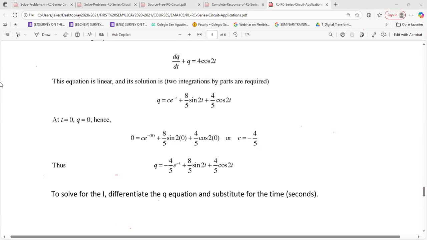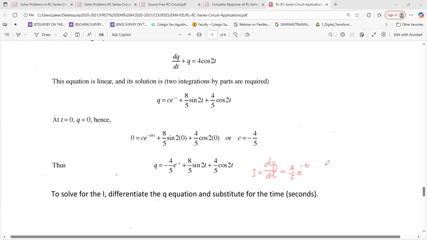So the last part here is you get dq dt. So dq dt, which is equal to the current as one of the DEs that was shown to you a while ago, is equal to. So just simply differentiate this. So derivative of that is negative e raised to negative t, so it becomes positive 4 over 5 e raised to negative t.